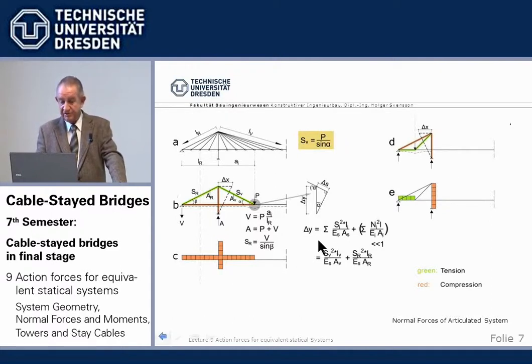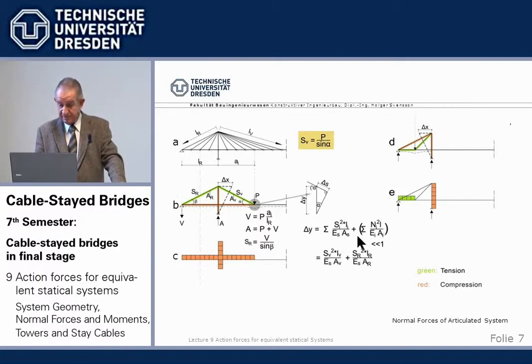Basically, of course, it runs down to calculating the cable force for unit load 1. The cable forces are always trigonometric functions, 1 divided by sine, basically. And then to get the elongation, which we want, we would divide that by the modulus of elasticity of the steel and the area.